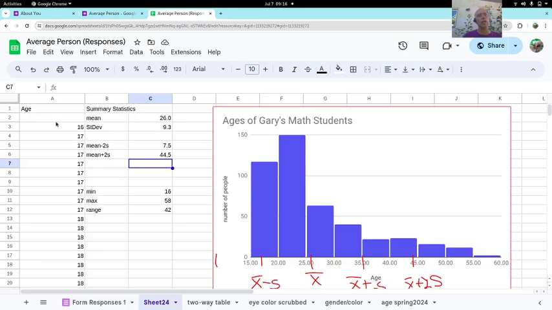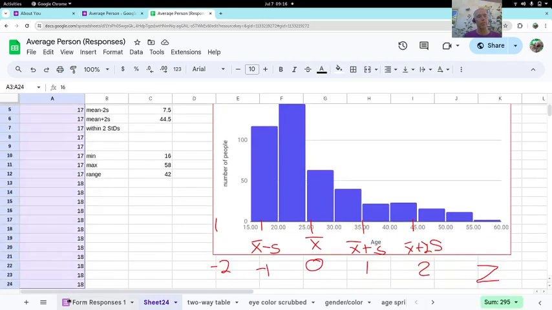So then up here, I want to count, well, how many of the numbers are within 2? So I'm going to put a note here next, within 2 STDs. Well, the lowest number is 16, which is above 7.5, and I want to get any number that's up to 44.5. So I'm just going to hold here and highlight.